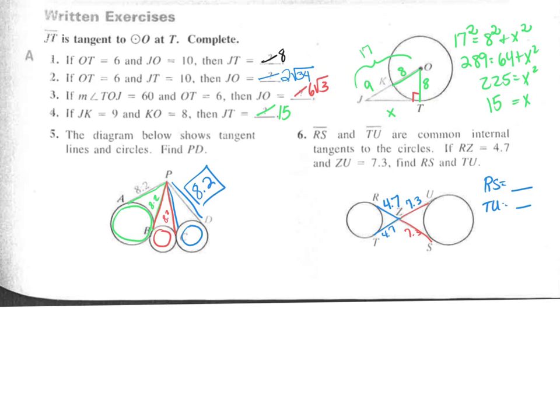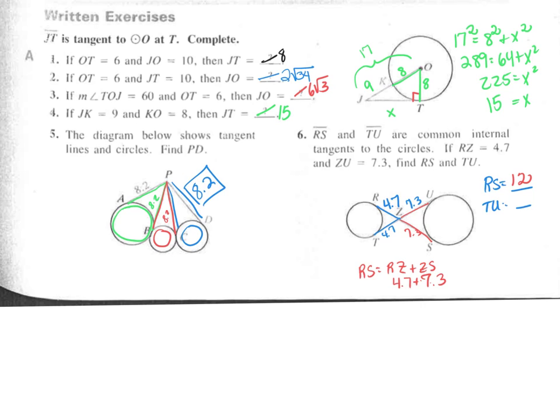So if I want RS by segment addition, RS is going to equal the RZ length plus the ZS length. So 4.7 plus 7.3. That's going to give me 12.